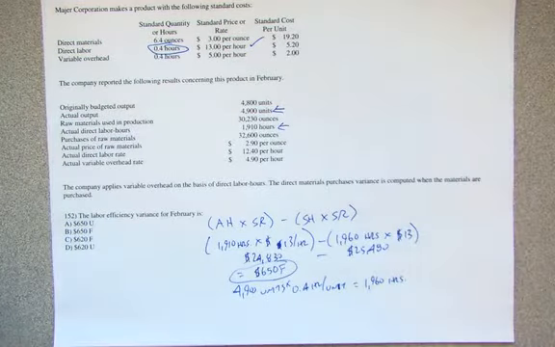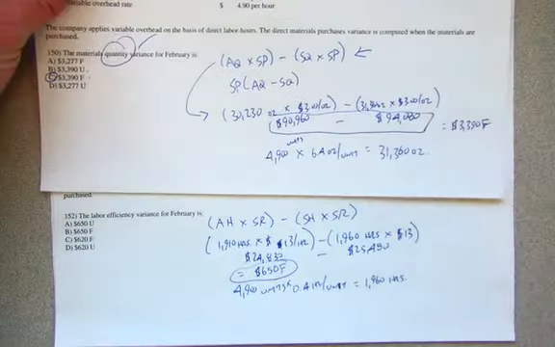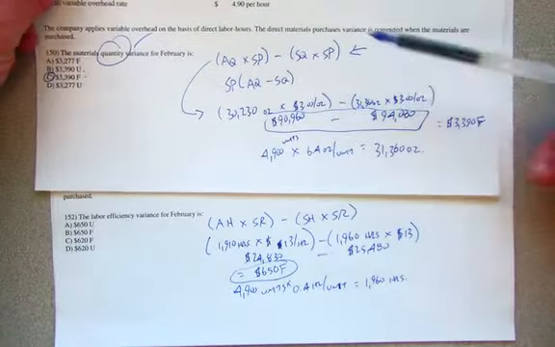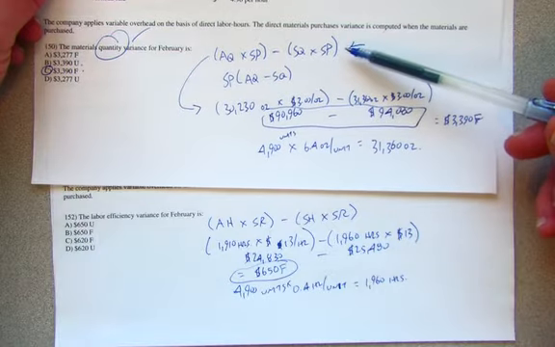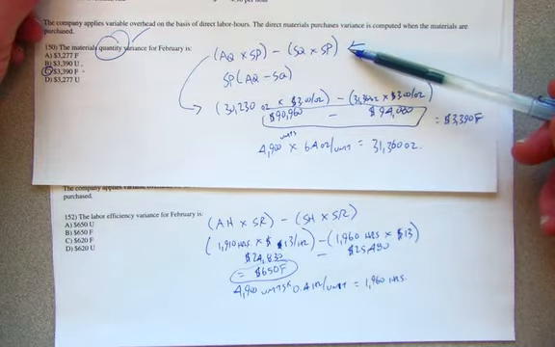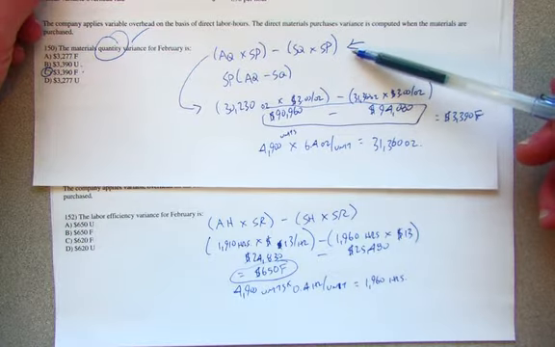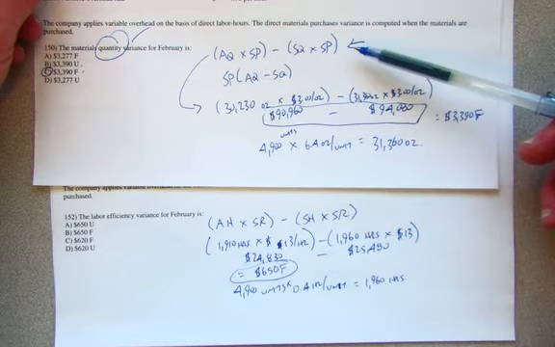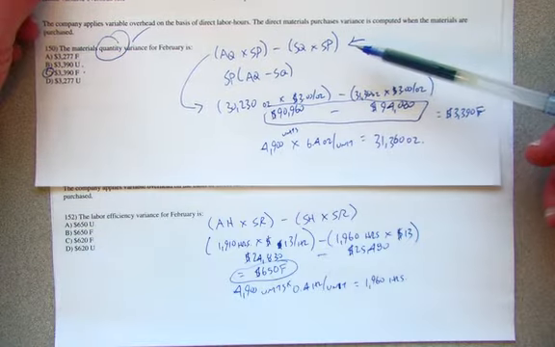A labor efficiency variance really is no different than a quantity variance. Look at this that I put up here. This is the formula we used for the materials quantity variance. Labor efficiency is just measuring the quantity of labor that we're using, whereas materials quantity is the quantity of materials we're using.